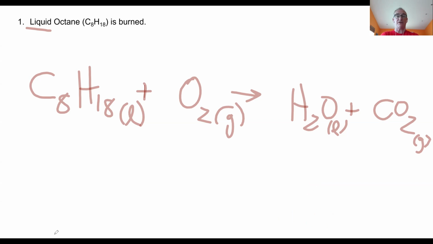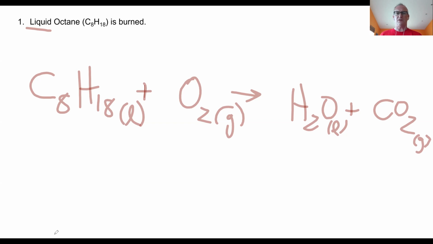If you were given a temperature to say liquid octane is burned at 1,000 degrees, then everything would be a gas. And that's actually what happens inside your car. Basically, the fuel is atomized so that it's a mist. So it's extremely small molecules, still a liquid, but extremely small molecules. And then everything else is a gas. Okay.